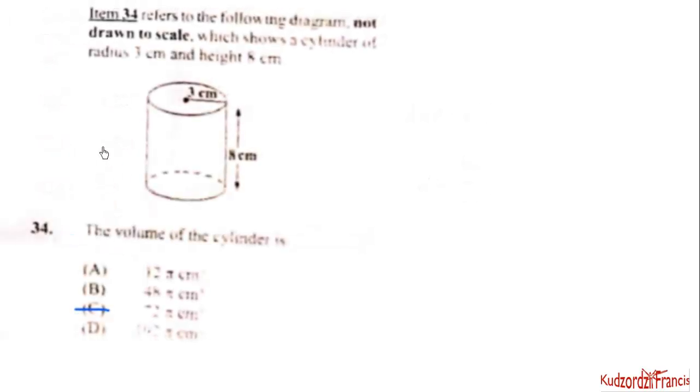Then let's look at 34. Item 34 refers to the following diagram, not drawn to scale, which shows a cylinder of radius 3 centimeters and the height is 8 centimeters. We are calculating the volume of the cylinder.